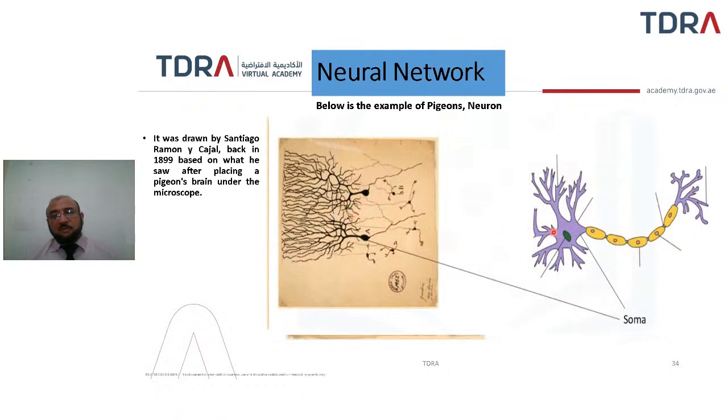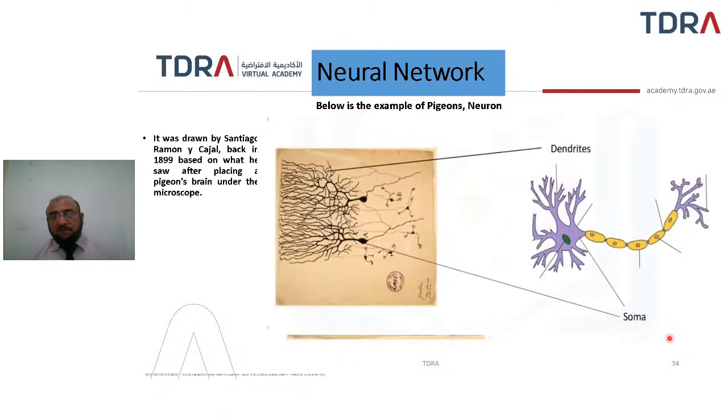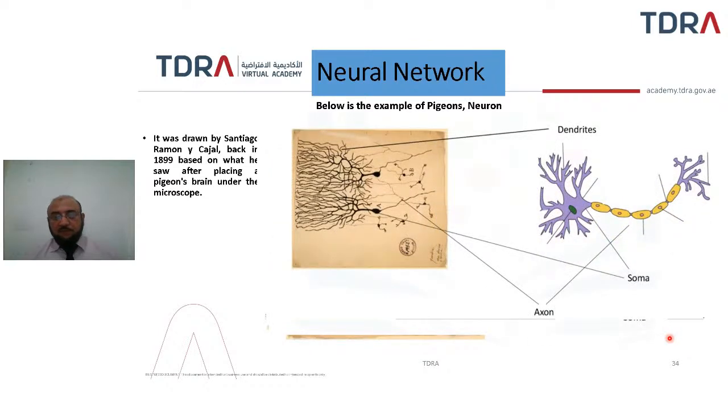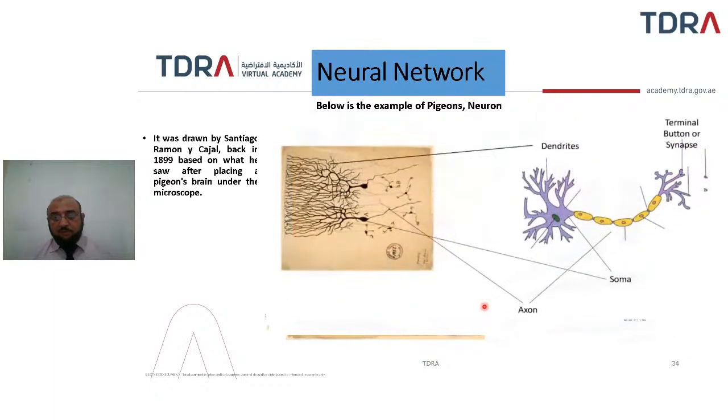So this is basically the structure of a neuron of a pigeon. This is a neuron, which has a soma, a nucleus, and dendrites, which are connected with the other neurons. Then we have the axon, and this is a neural structure. Then we have a terminal button here, which is connected with the other neurons as well.